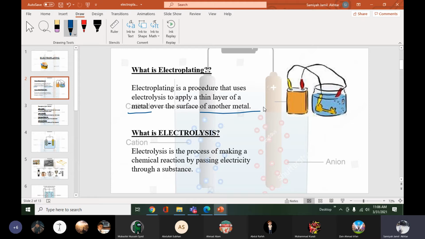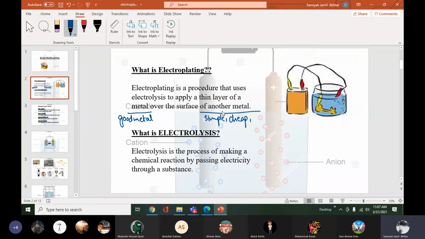So here we are using two materials. One material is a good metal, and we will apply a thin layer of that good metal over the surface of another metal, which is comparatively simple, cheap, or less useful.